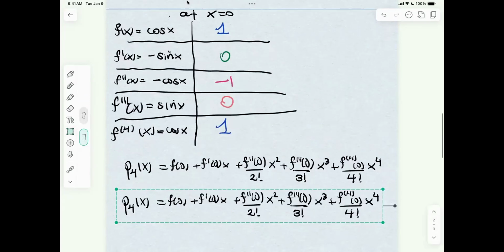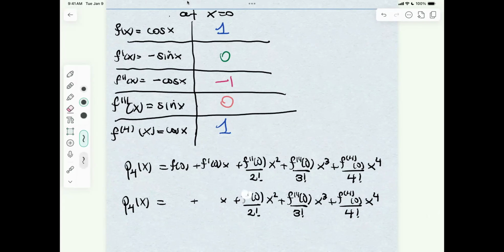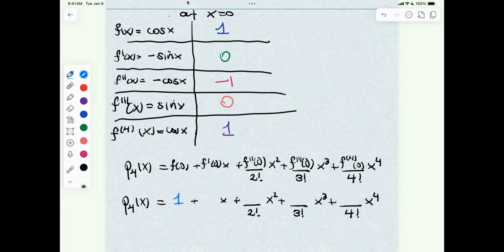So let's see how that looks for this specific function. I'll erase what's specific to cosine, the values of the derivatives, and replace it with the numbers we just found. So f of 0, we said, was 1. I should use a different color here. I haven't used purple. Perfect. So f of 0 is 1.